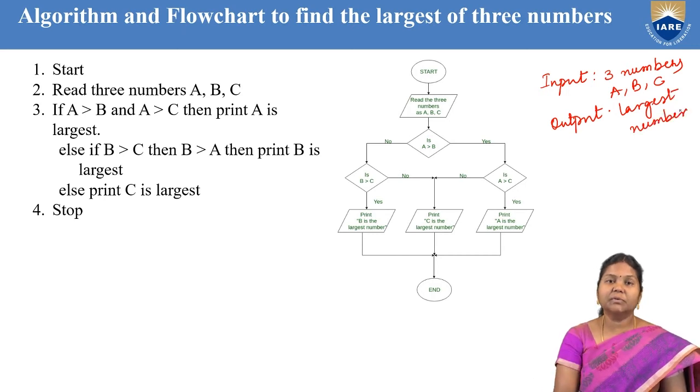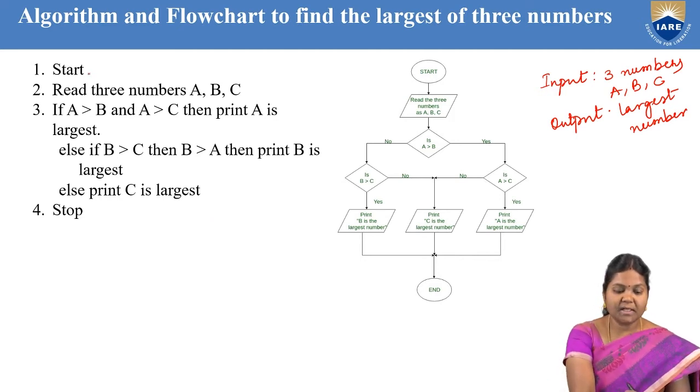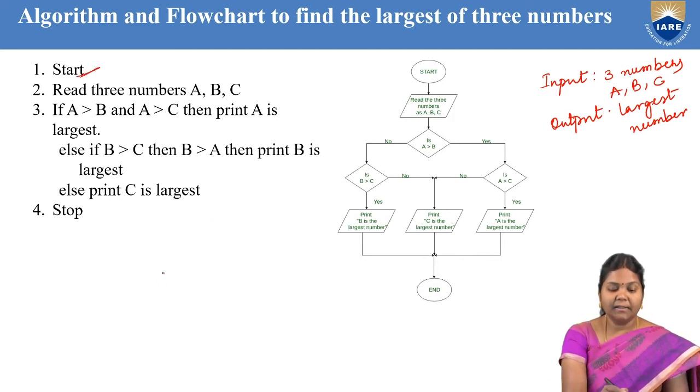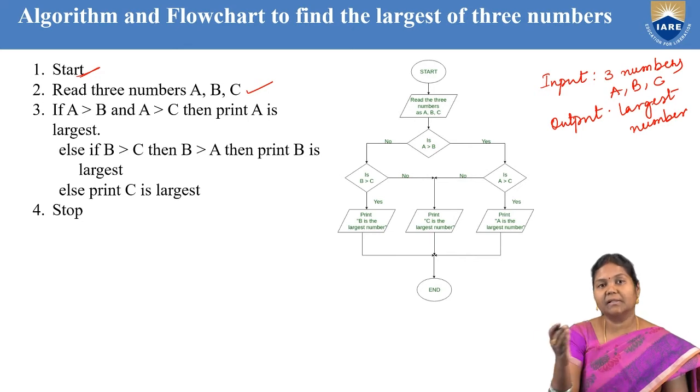Now, keeping these two things in mind, we need to understand the processing steps. First, the algorithm. We start the algorithm by writing start. Then we read the input: read three numbers A, B, C. Then we write down the logic. Suppose you have three numbers, then compare the first number with the second and third. If the first number is bigger than the second and third, then the first number itself is the largest. So I have written the same logic here.